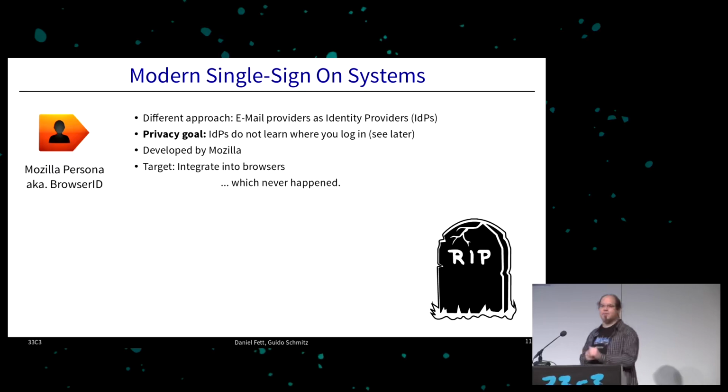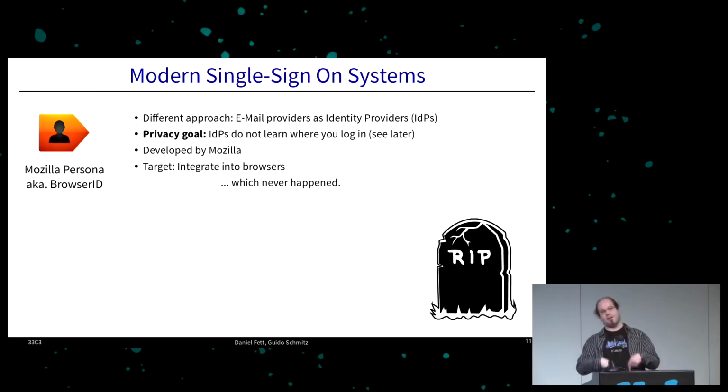This comes from the thought that for classical websites where you have to register, they send you emails with tokens you can click on to log in to your account or to reset your password. So your email provider already is a kind of identity provider. So why don't we just use it directly in the web?